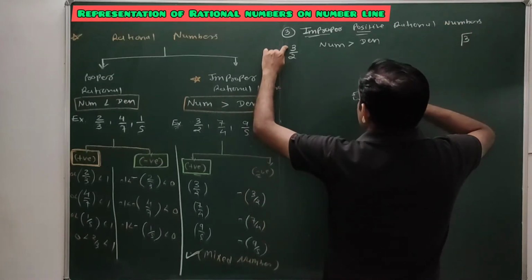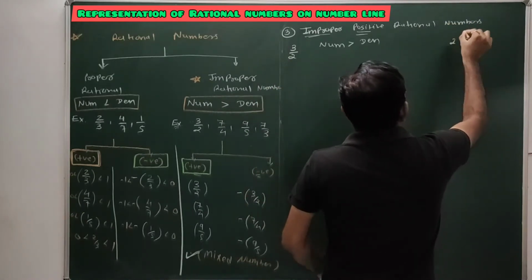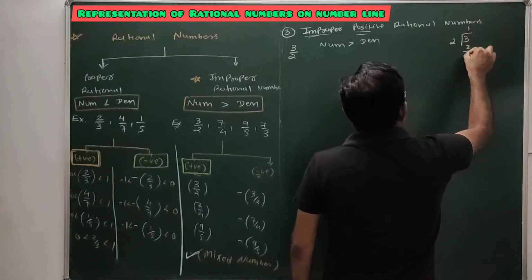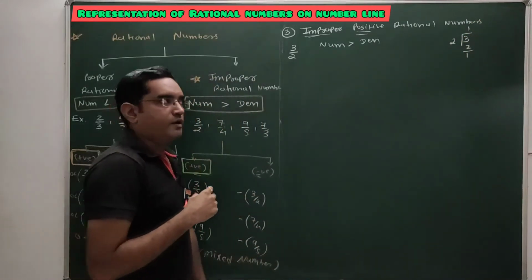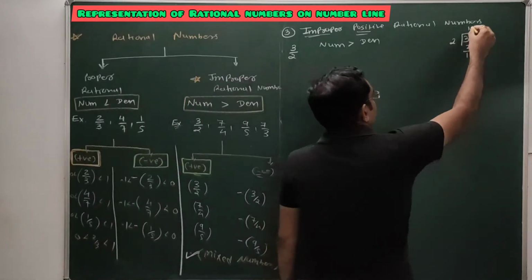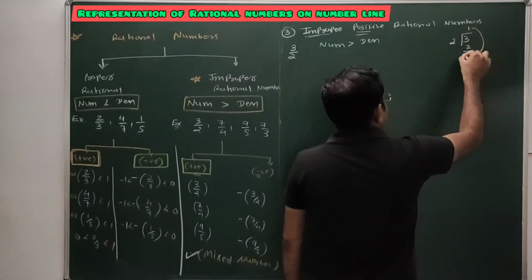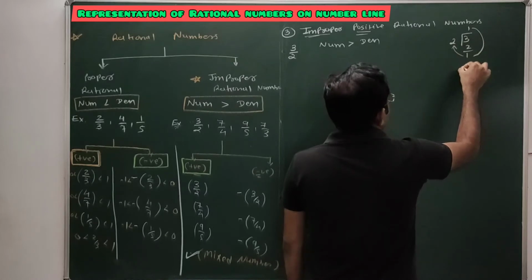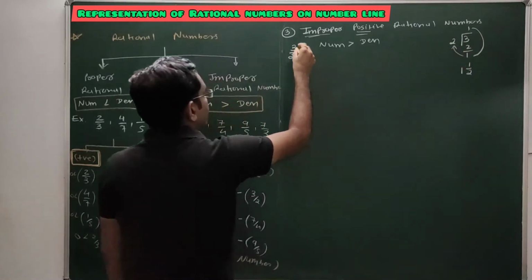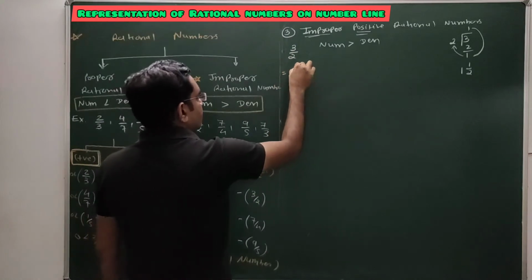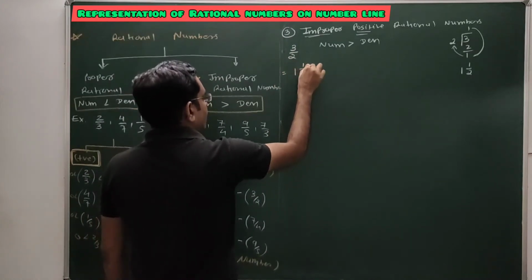So divide the numerator by the denominator. 3/2. 2 1s are 2. It is 1. 1 remainder, 1 quotient and 2 divisor. So it's 1 integer 1/2. So the equivalent mixed number for this 3/2 is 1 integer 1/2.